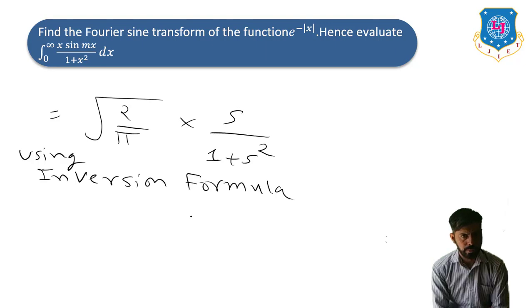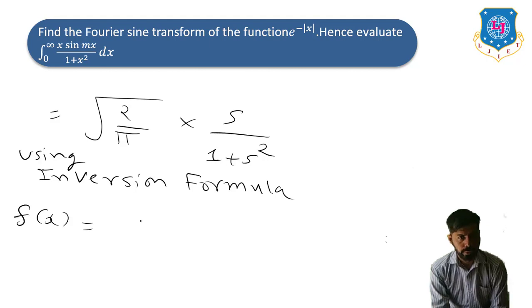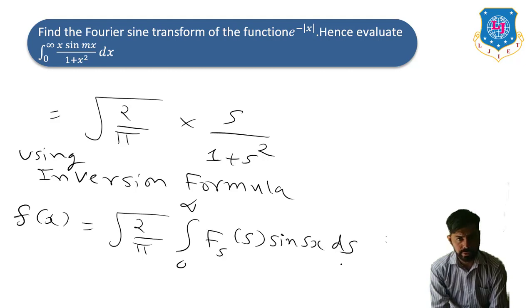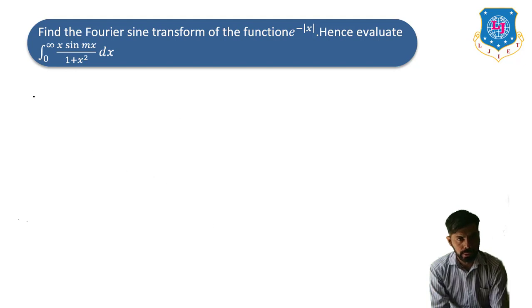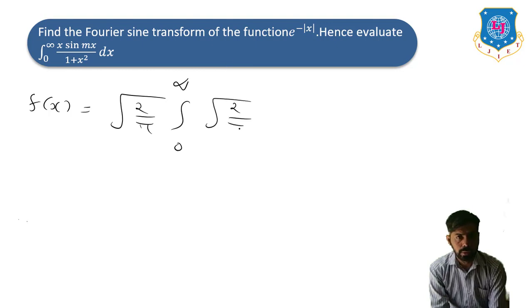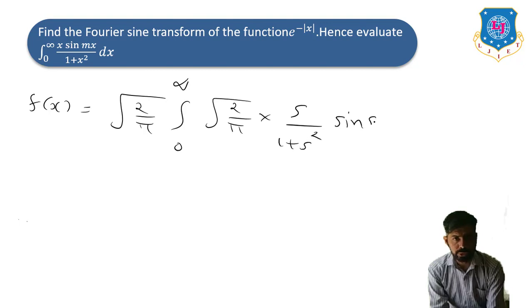Now here using the inversion formula, that is f of x equals square root 2 by pi integration 0 to infinity Fs of s sine sx ds. Here what is Fs of s? This is the Fourier sine transform. So this will become f of x equal to square root 2 by pi integration 0 to infinity, and the Fourier sine transform of this function is square root 2 by pi into s divided by 1 plus s square into sine sx ds.